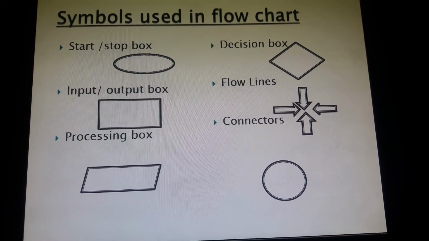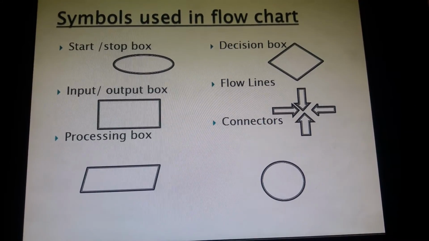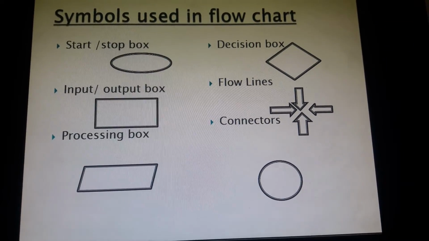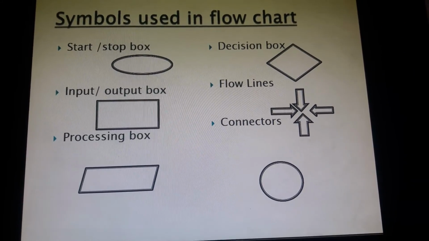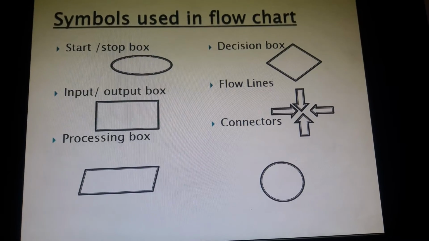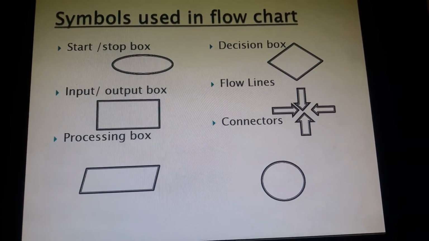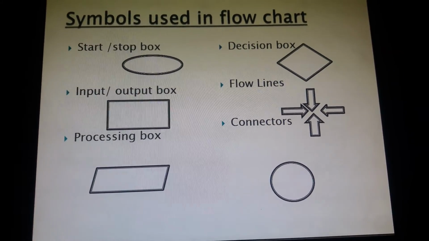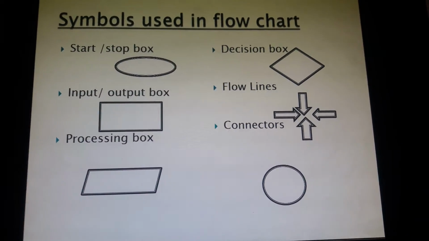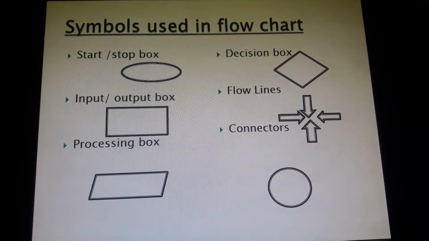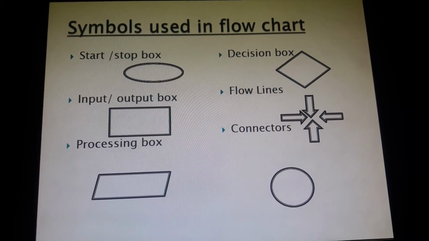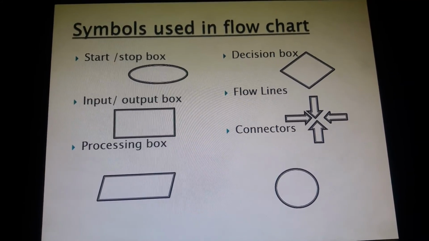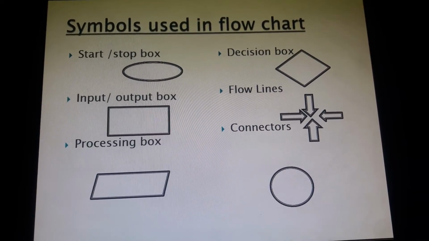This connector is used to connect the parts of the flow chart. Suppose you are creating a program where four different parts of a program are there. You are joining them, so you will connect these four different parts of the flow chart using this connector. Okay, children?